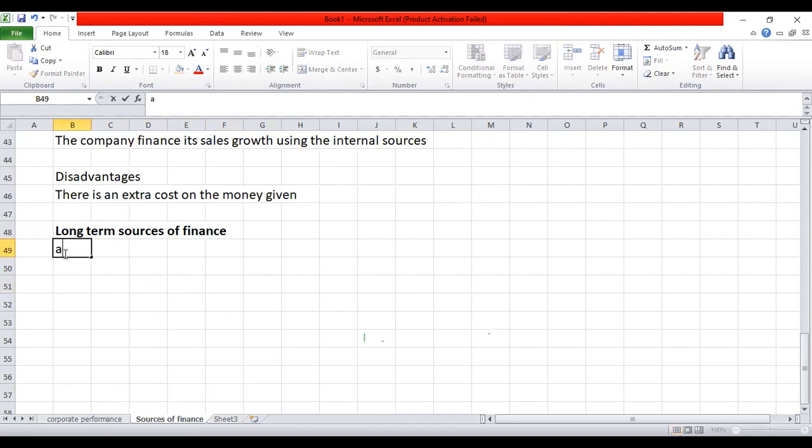number one, we have debt financing. That is borrowing either from the financial institutions or borrowing from the public.